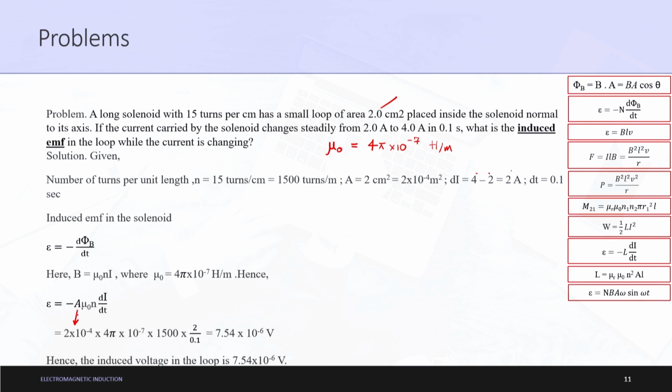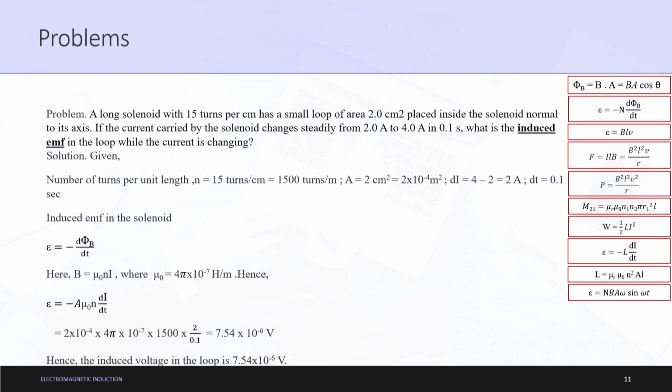A is given like this, mu naught is given like this, n is given like this, and di by dt is given like this. Di is given, dt is also given, so there is no need for any differentiation here. Just putting in all these values, we get 7.54 into 10 to the power minus 6 volts as our answer, that is the EMF produced. Hence, the induced voltage in the loop is 7.54 into 10 to the power minus 6 volts.